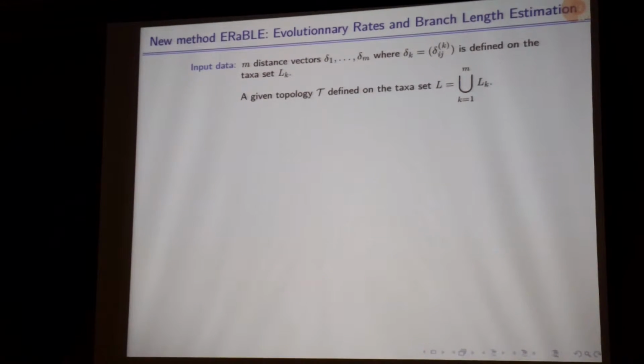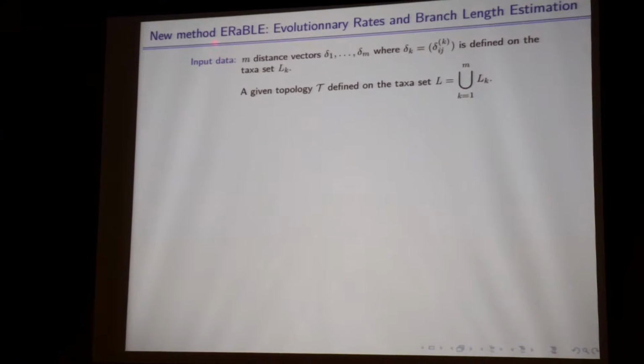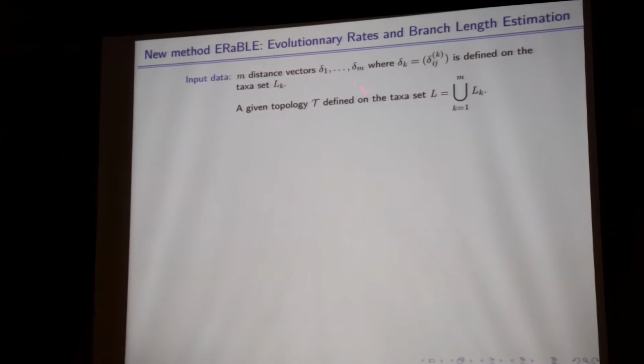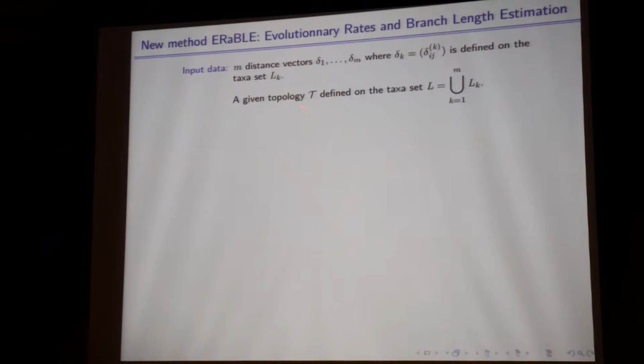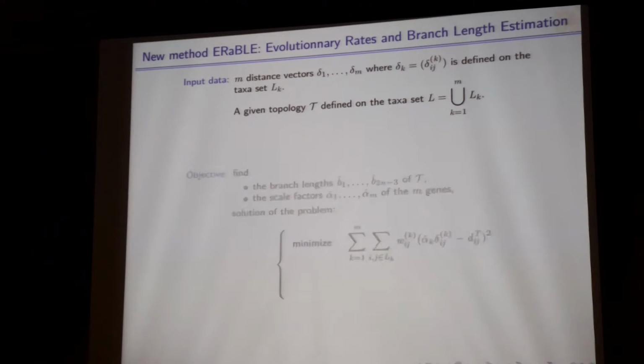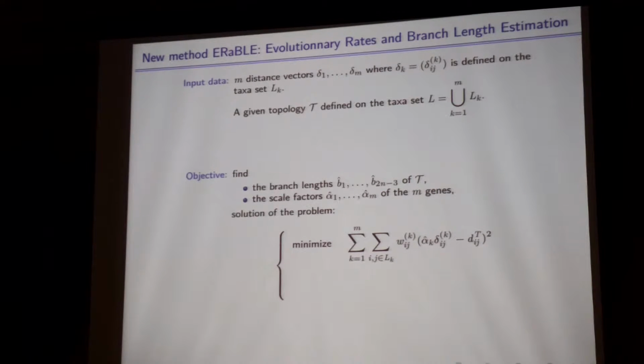So more formally, our method takes as inputs n distance matrices and a given fixed topology. And our objective is to find the branch lengths of the topology tau and the scale factors of the gene trees.